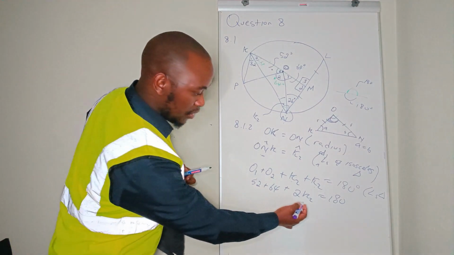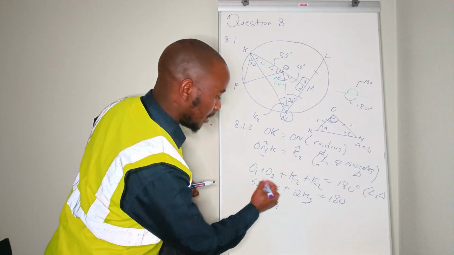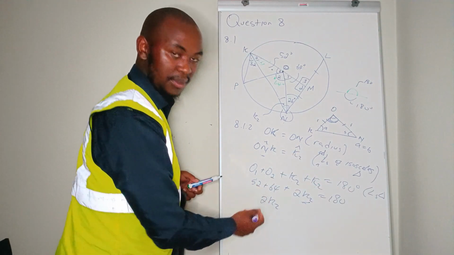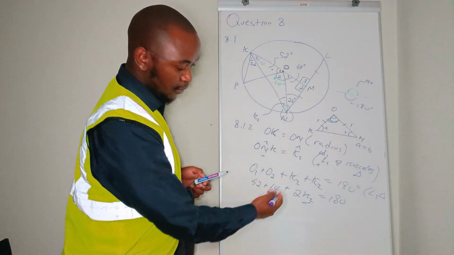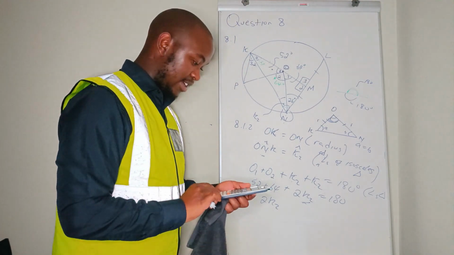So we can solve for K2 from here. So 2K2, we take all of this to that side, but we first have to sum this. What is 64 plus 52? If you can do it in your head, that's good.